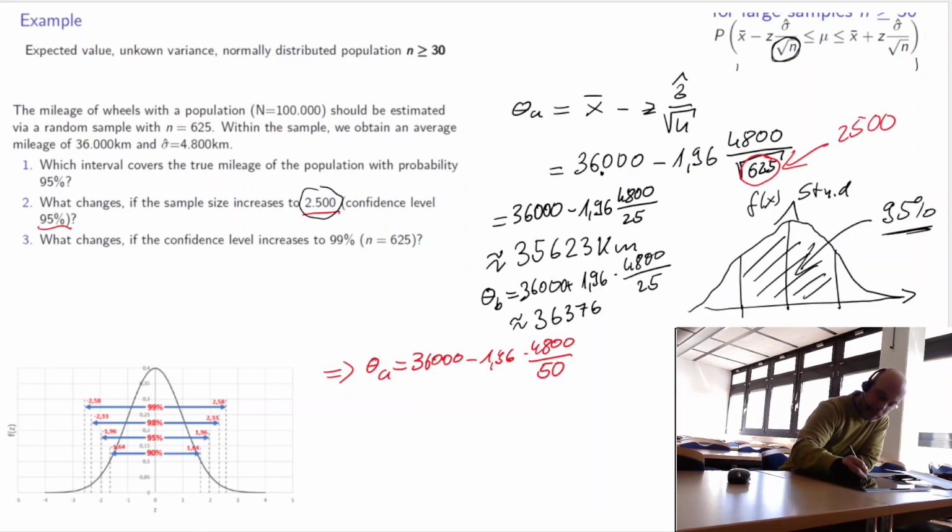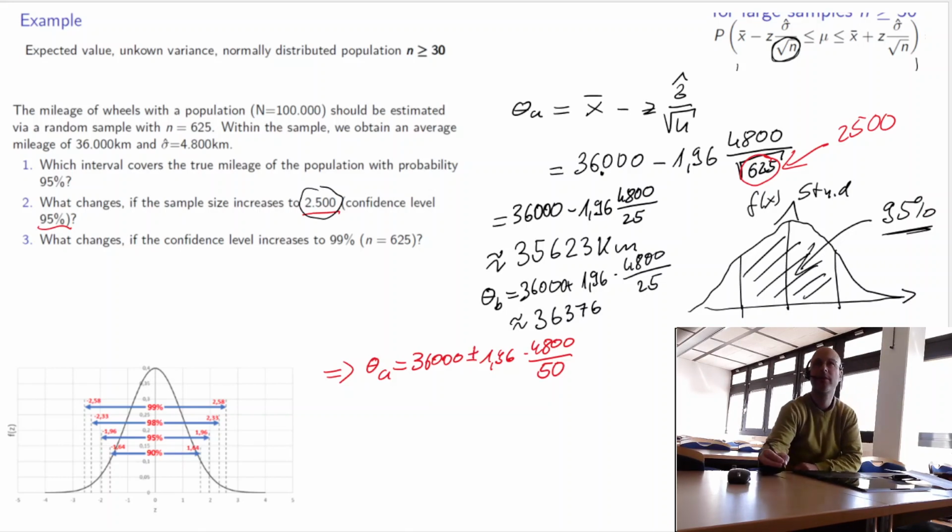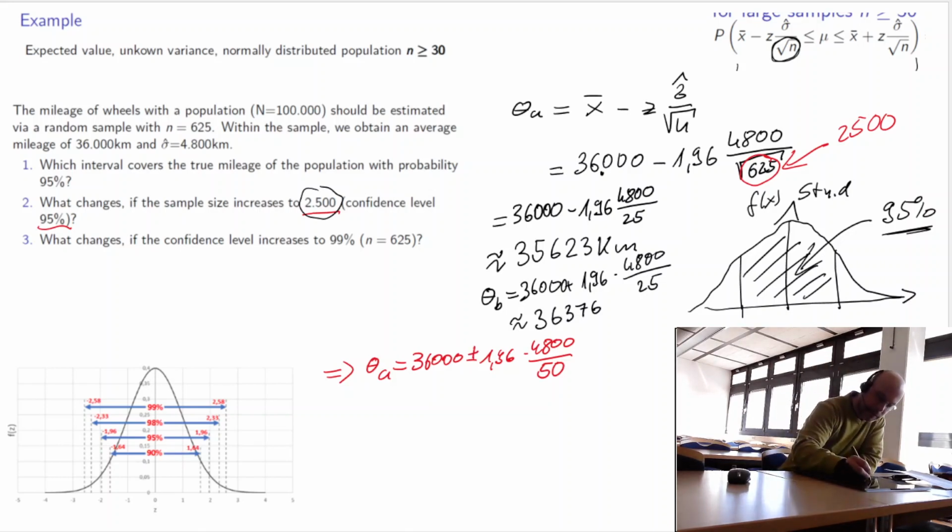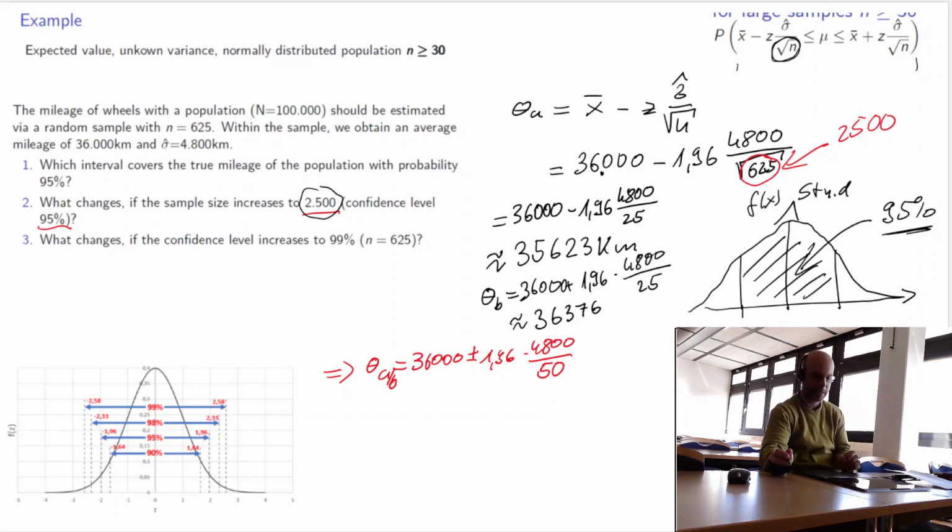And in order that I do not have to write so much, I just write here for the upper and lower limit plus minus 1.96.